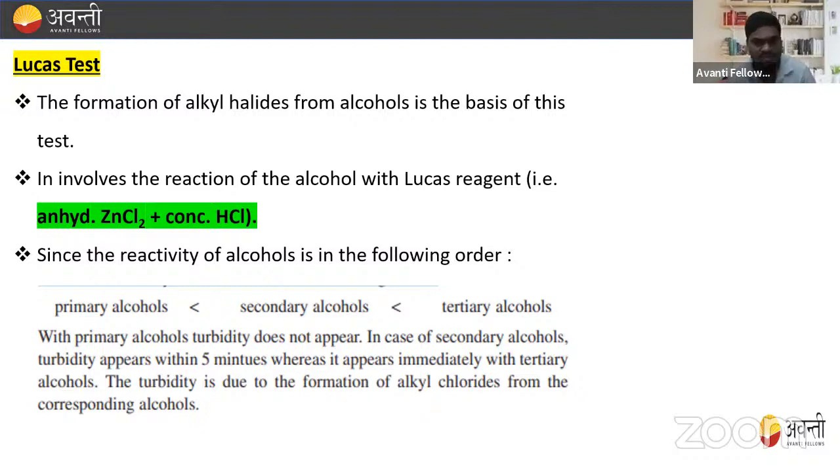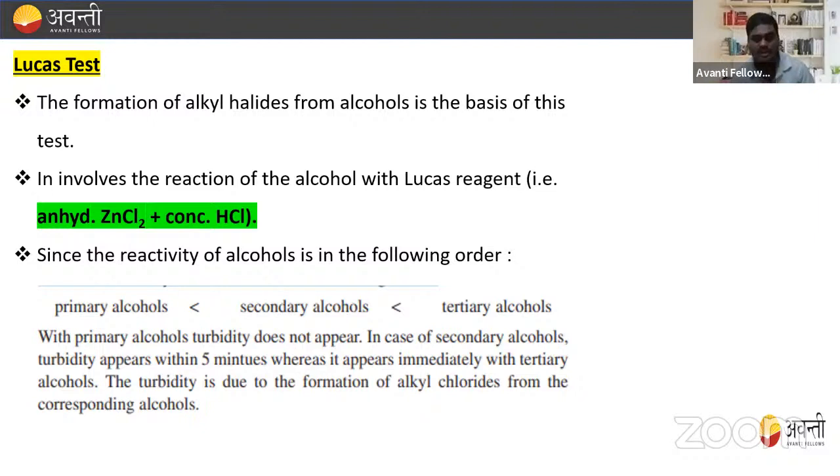Since the reactivity of alcohols is in the following order, primary is less reactive than secondary, and secondary is less reactive than tertiary. So the tertiary alcohol is more reactive than secondary and primary. With primary alcohol, turbidity does not appear.